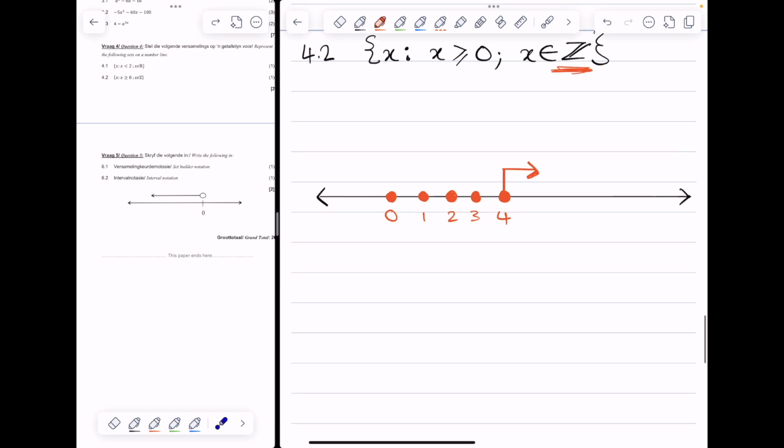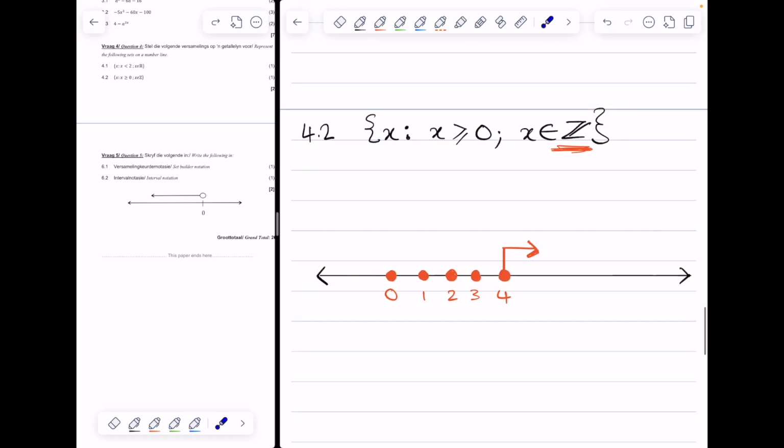This just means that the sequence continues on like that: there will be a 5 next, a 6, 7, and so forth. Please do not use ellipses on your number line, because that is not part of the notation. So this is the correct form, and that would have indicated what is written over here.